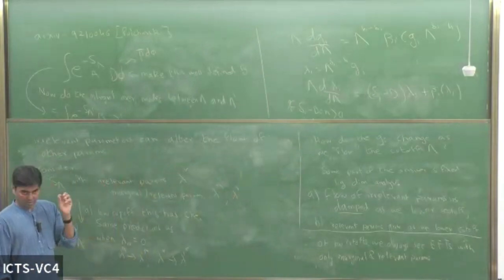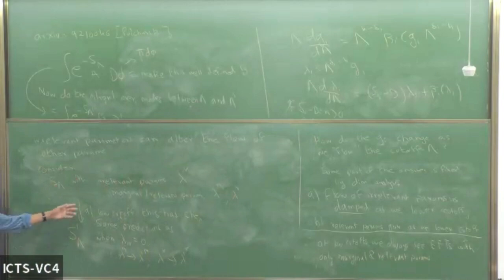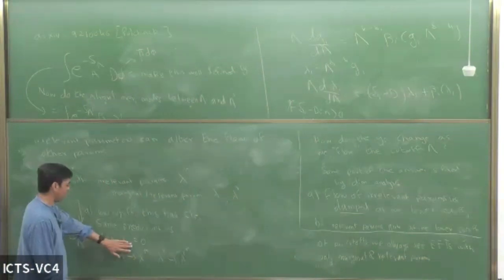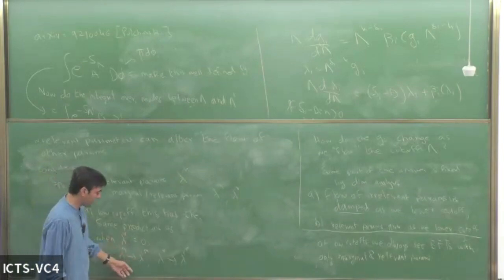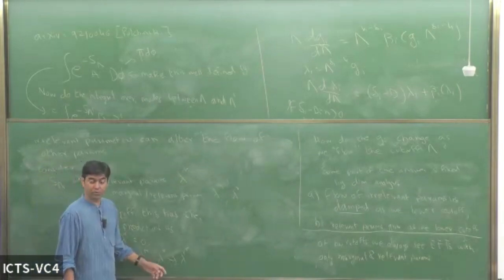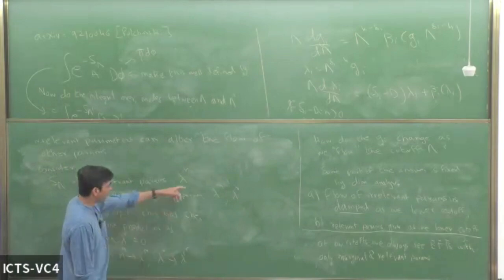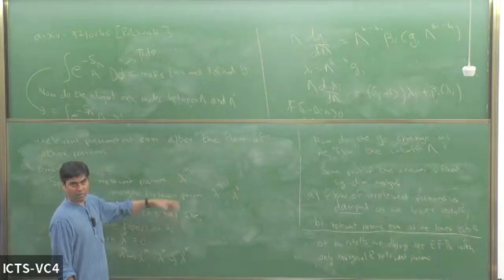If you lower the cutoff, if you want to ask questions at low energies, then the correct statement is that this has the same physical predictions as a different action where you set the irrelevant parameters to 0, but where you have modified the values of the marginal and the relevant parameters to something else, not the original values. And this something else can depend on what these values were originally. Okay, is it clear what I'm saying here?